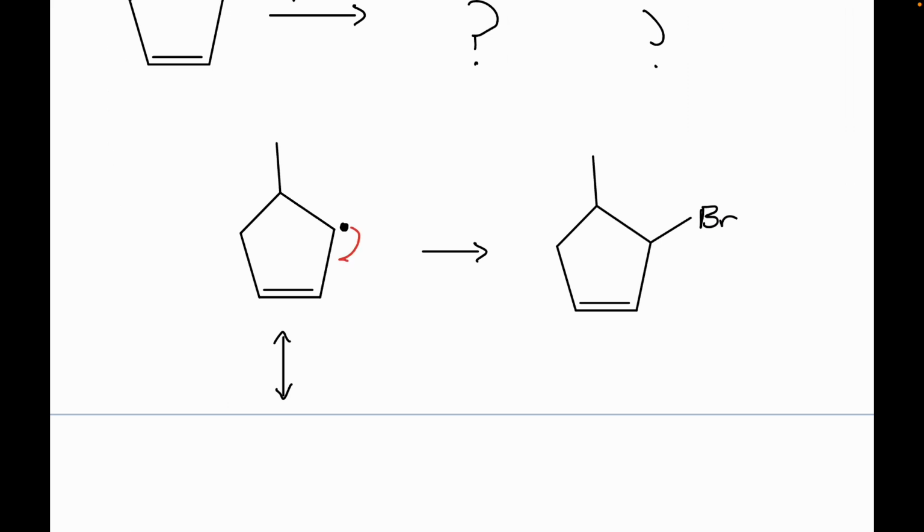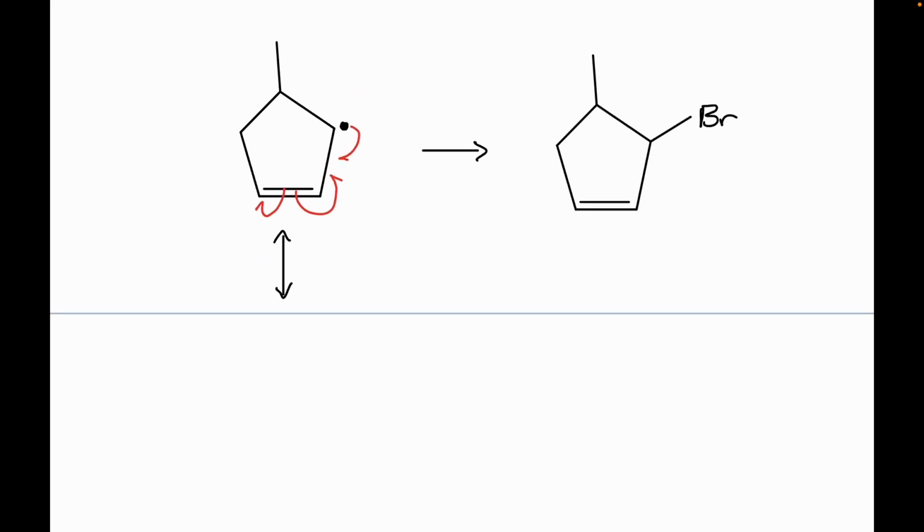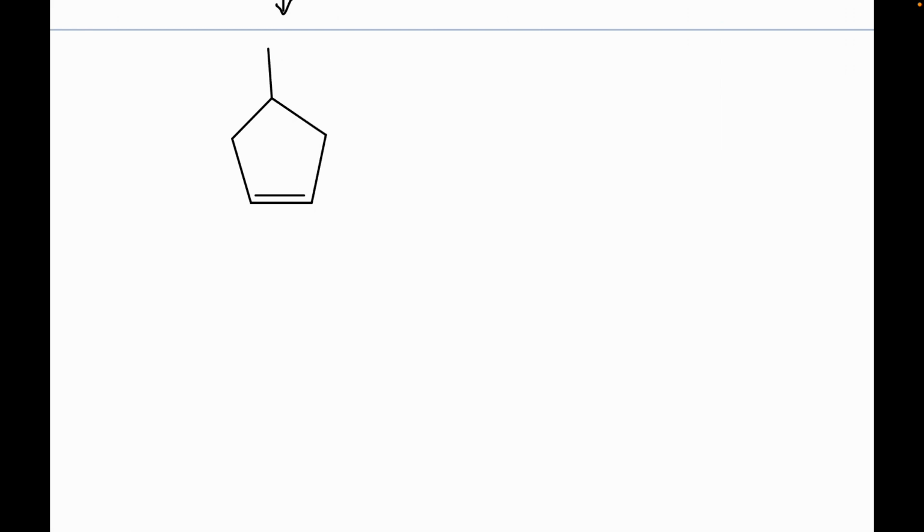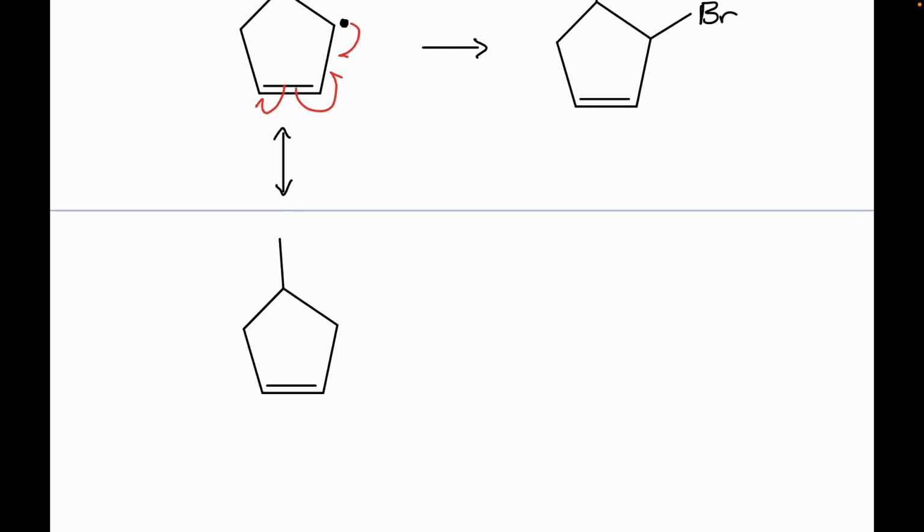Again, we're going to have our fishhook arrows showing the movement of that double bond and that radical. All right, so my other resonance contributor here, whoops, got a little copy paste happy, now has the double bond moved and has the free radical formed over here.